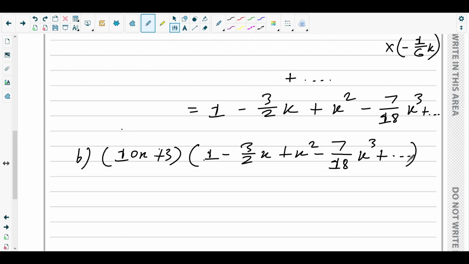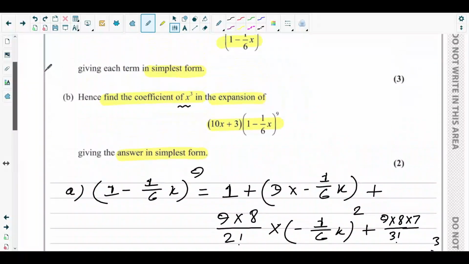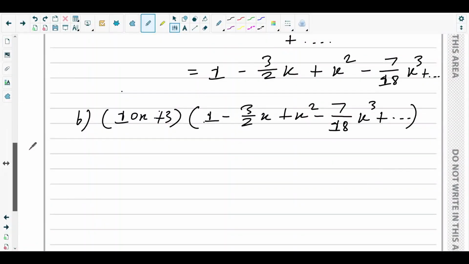The question is asking for the coefficient of x cubed. Now consider which two terms, when multiplied, will give you x cubed. Let's have a look. 10x times x squared gives you x cubed, right?